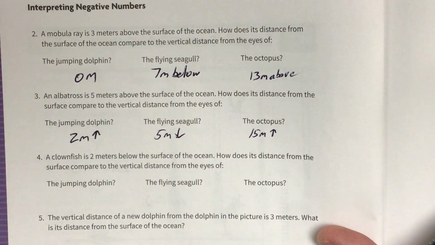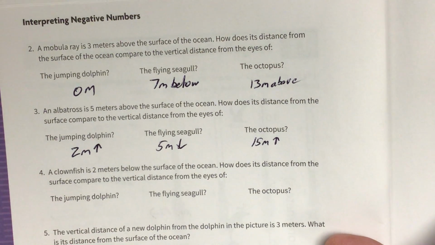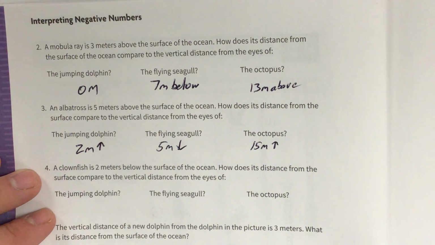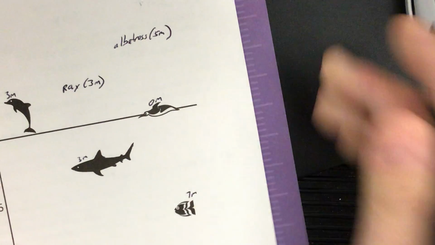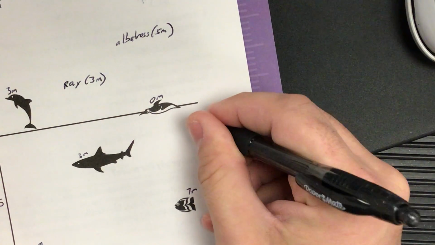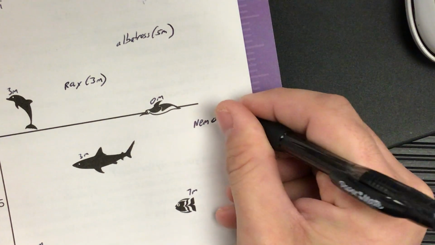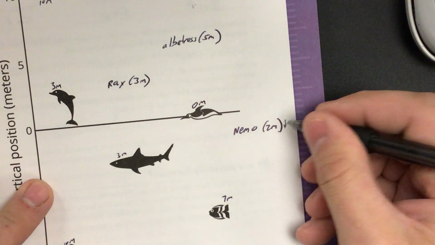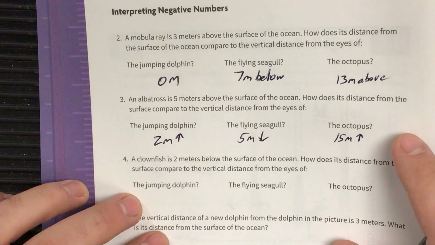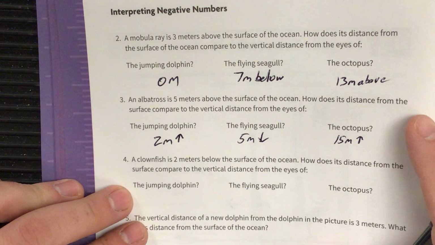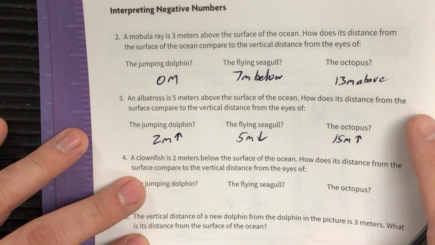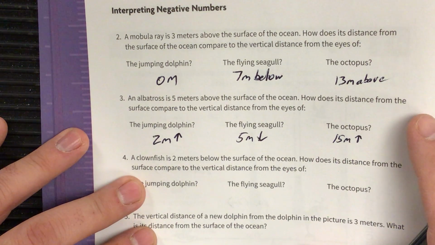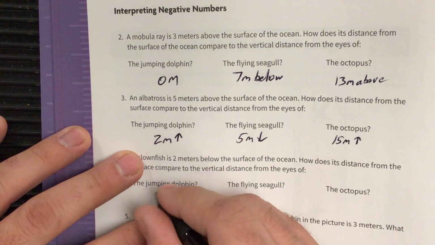Clownfish. Hey, Nemo. 2 meters below the surface of the ocean. Where is he at compared to the jumping dolphin? Above or below? He is 5 meters below the dolphin.